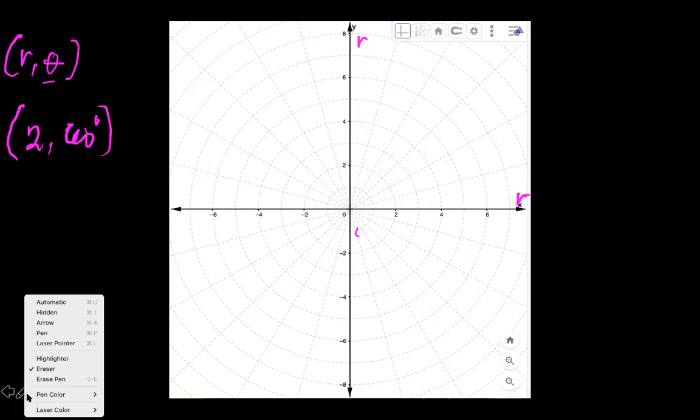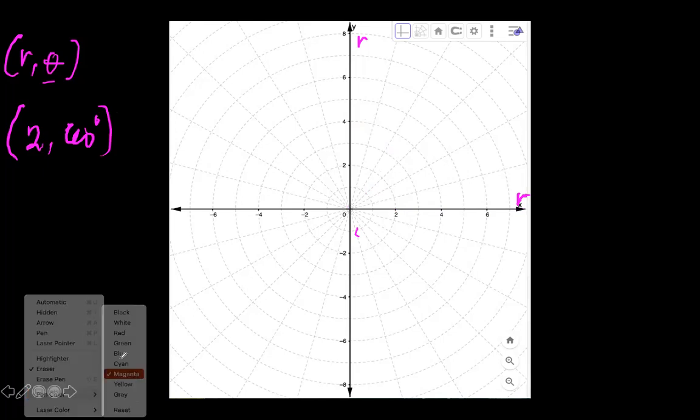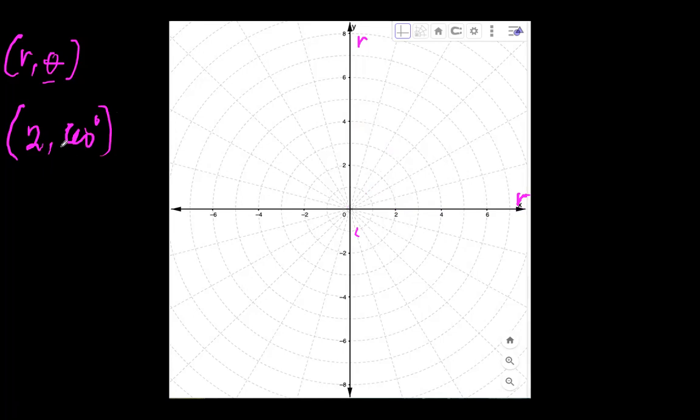Let's plot the point (2, 60 degrees). So 2 is the radius and the angle measure is 60. We are going to consider the second circle, because the radius is 2. This is the polar axis, and 60 degrees.